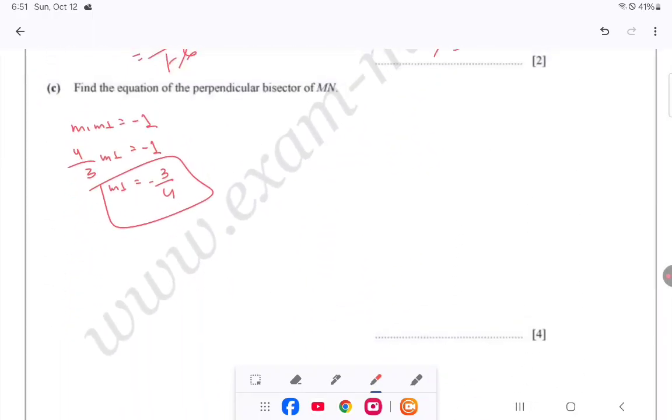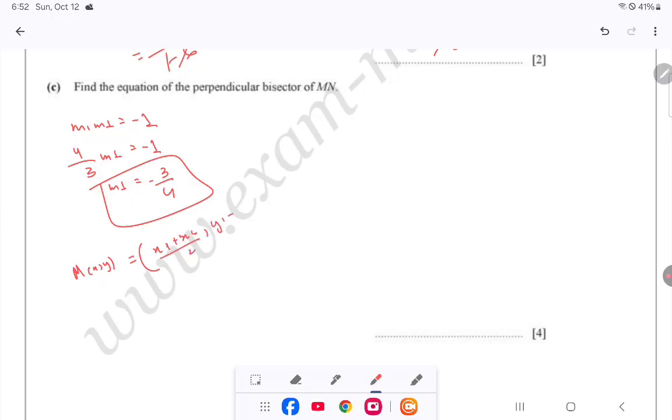In order to calculate the value of c, the midpoint formula is x1 plus x2 over 2 comma y1 plus y2 over 2. That is 4 minus 2 over 2, 1 minus 7 over 2.